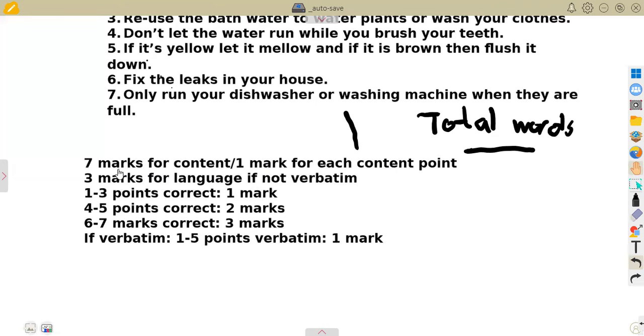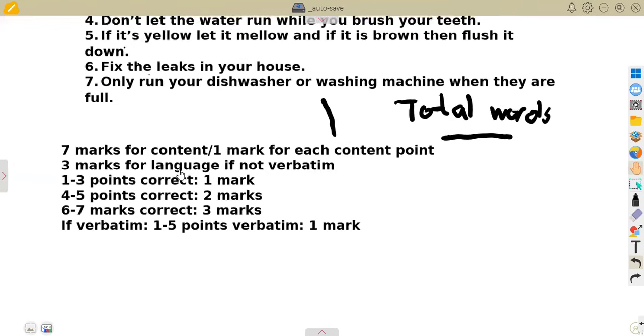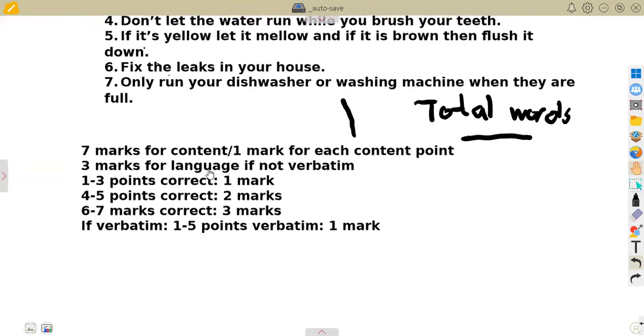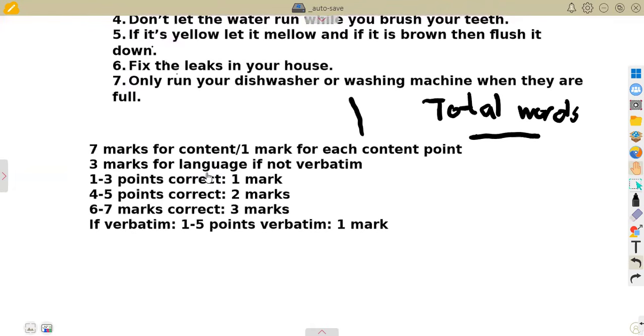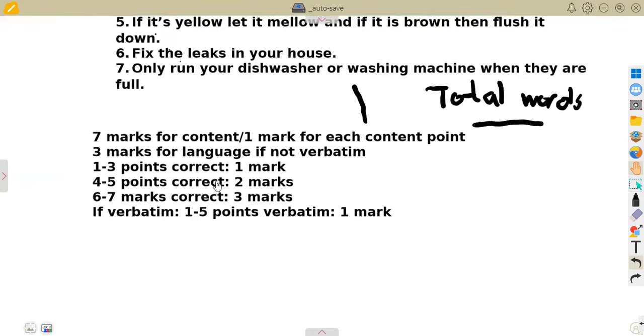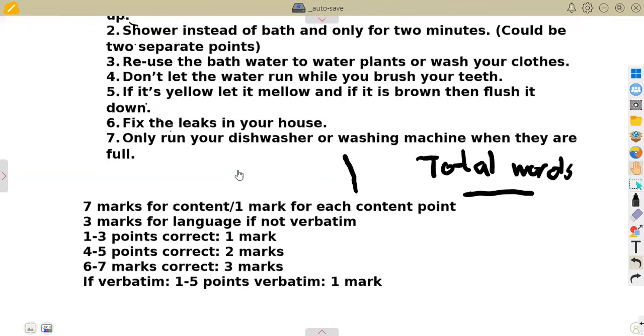We are saying 7 marks for the content and 1 mark for each mark of the content point. And then we are saying here 3 marks are allocated for language, if not verbatism. So I am saying, good people, please ensure that the wording that you use must be correct at all times, because we are dealing with the language.